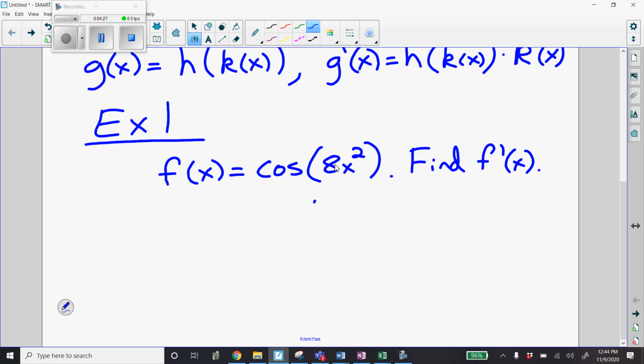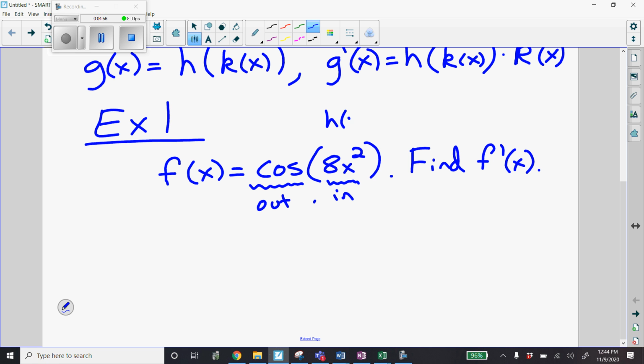So I'll write this out now. When we get good at this, we're not necessarily going to write this out all the time, but it's good to think about this. I want you to think of the inner function here and our outer function here. If I wanted to write this as a composition of two functions, let's use h for the inside.